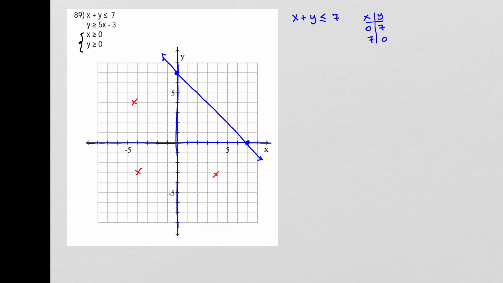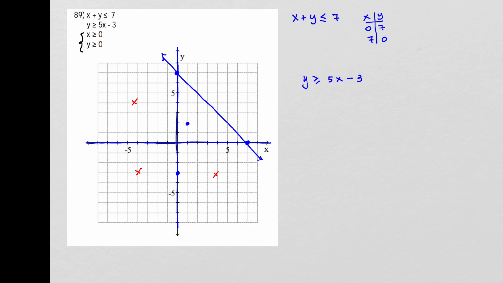And then we have y is greater than or equal to 5x minus 3. So this is in slope-intercept form, so I can start with my intercept at -3, and I'm going to count up 5 over 1.